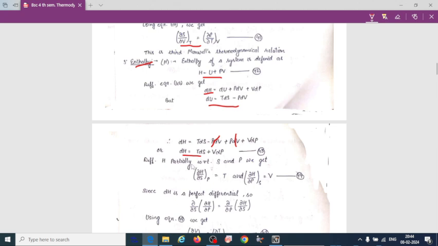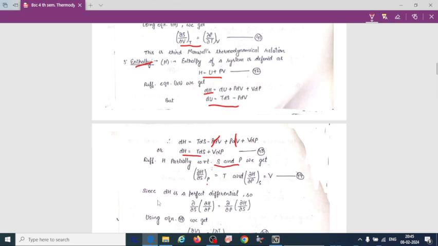So this is for enthalpy. Then we can take the partial derivative with respect to S and P, at constant entropy and pressure. So we get these two equations: dou H by dou S at constant pressure is equal to temperature, and dou H by dou P at constant entropy is equal to volume.